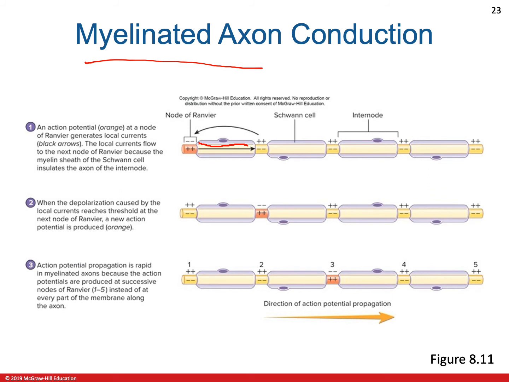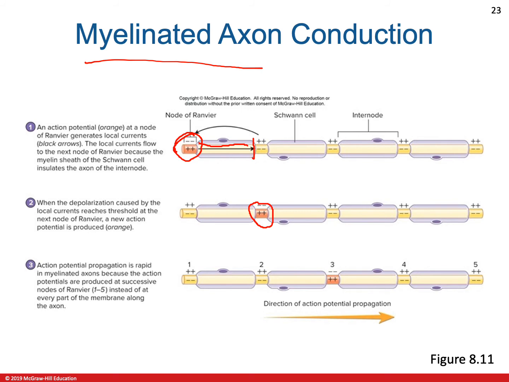So you can see here, this is the first. This is your local current. When it reaches the threshold, it generates along this span. And the next part is this one, your node of Ranvier.